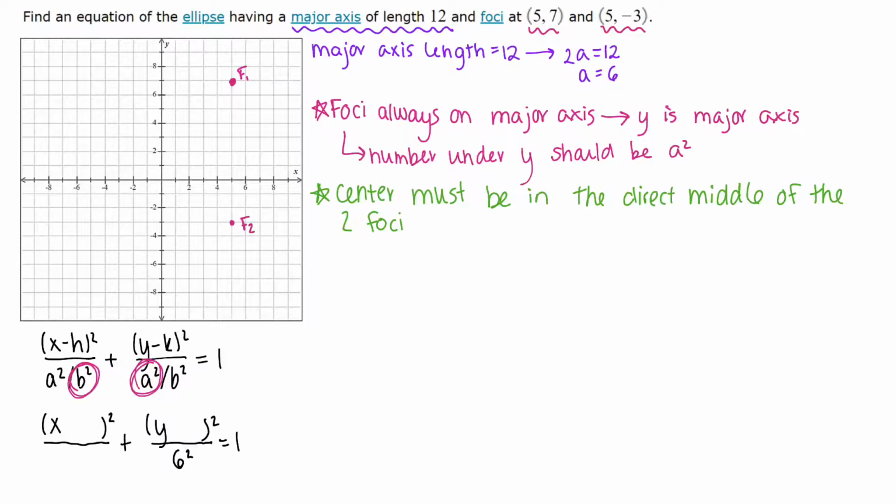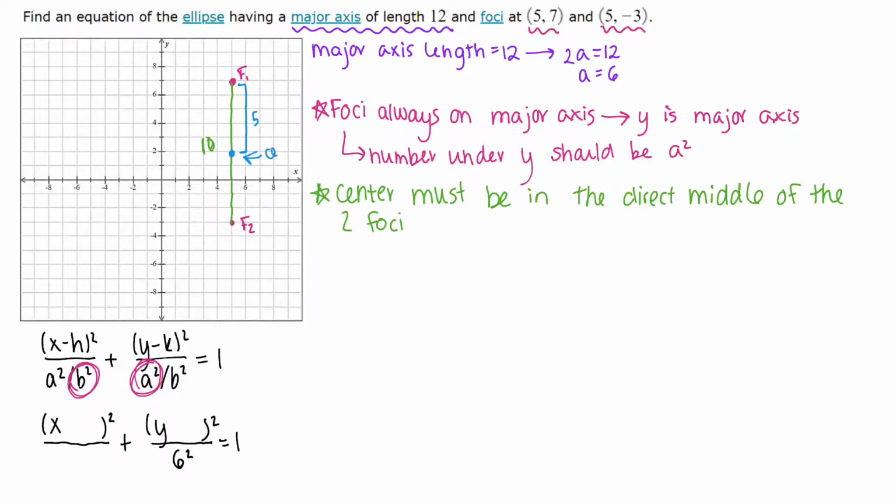If I count this entire distance right here, 1, 2, 3, 4, 5, 6, 7, 8, 9, 10, this entire distance is 10. That means halfway would be 5 units, right? So 1, 2, 3, 4, 5. Halfway would be 5 units, which means that the foci should be 5 units away from the center.